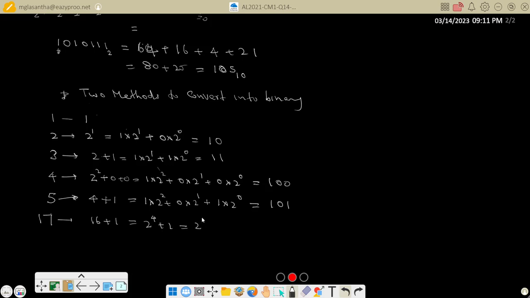So 1 into 2 to the power of 4 plus 0 into 2 to the power of 3 plus 0 into 2 to the power of 2 plus 0 into 2 to the power of 1 plus 1 into 2 to the power of 0. So what is this number? 1, 0, 0, 0, 1.